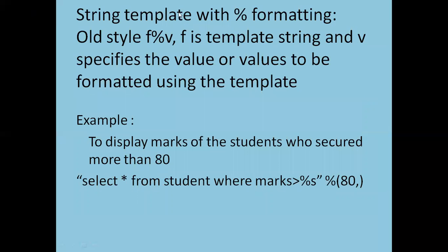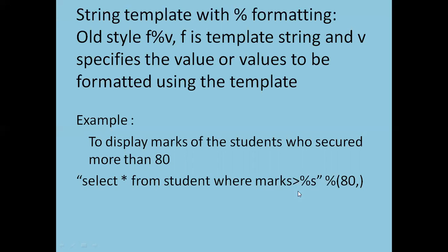So let us look into detail about the string template, the percentage formatting, the old style that we are using: %V. F is a template string and V specifies a value or values to be formatted using the template. That means, for example, to display marks of the students who secure more than 80, this is the Python code that I'll be writing: select star from student where marks is greater than %s.